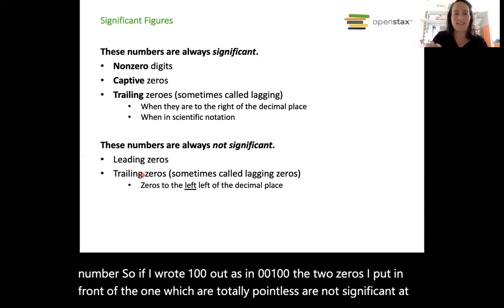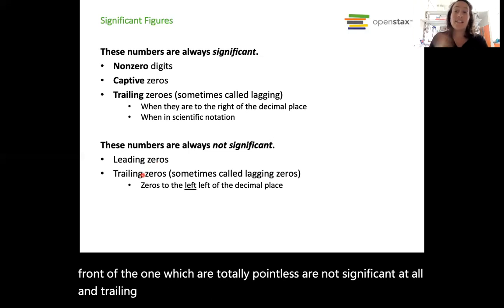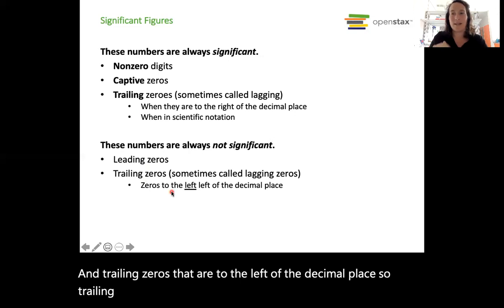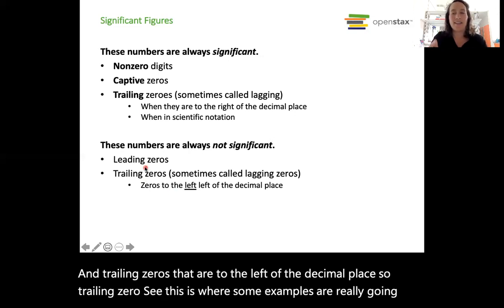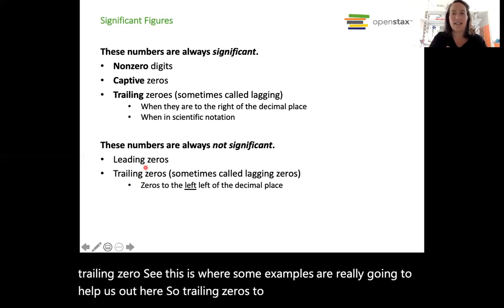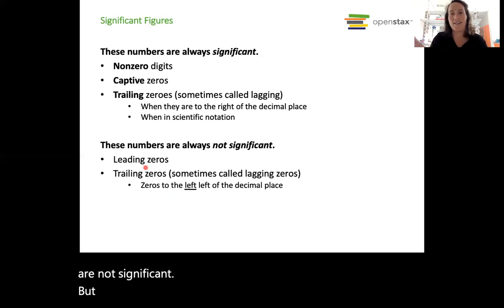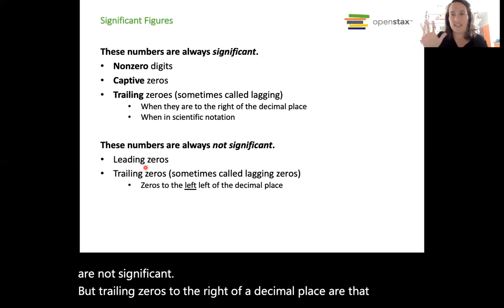And trailing zeros that are to the left of the decimal place. This is where some examples are really going to help us out. Trailing zeros to the left of the decimal place are not significant, but trailing zeros to the right of a decimal place are significant.